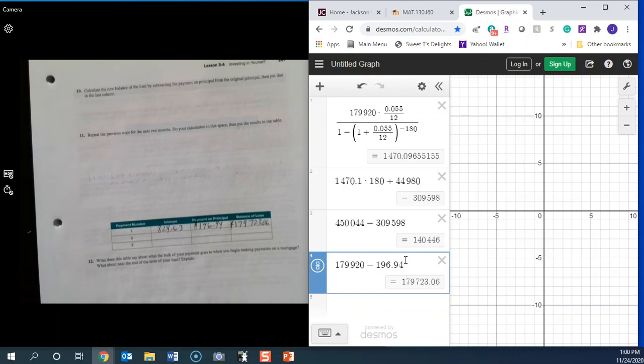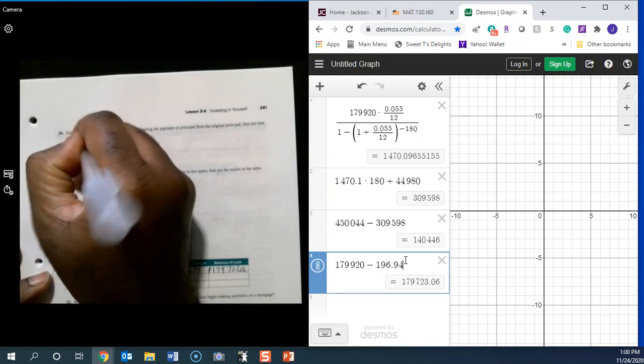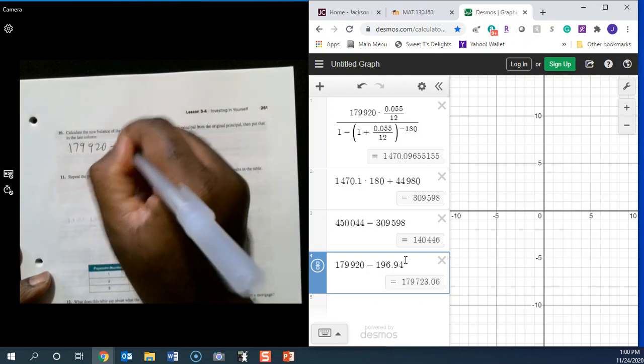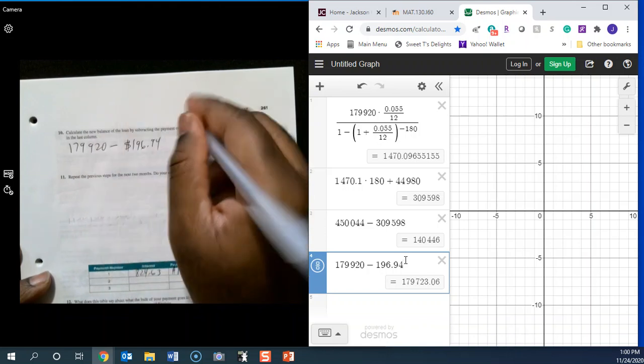All right, now for number 10, it says calculate the new balance of the loan by subtracting the payment on principal from the original principal, then put it in the last column. So we kind of skipped a step here, but we could write it here, $179,920 minus how much went to the principal, which is $196.94.